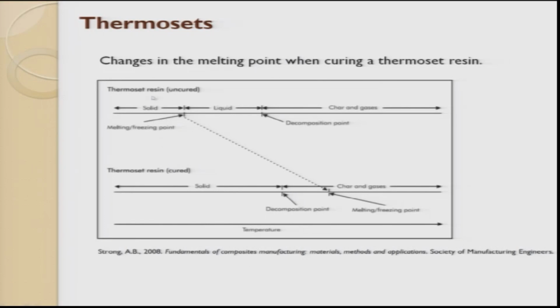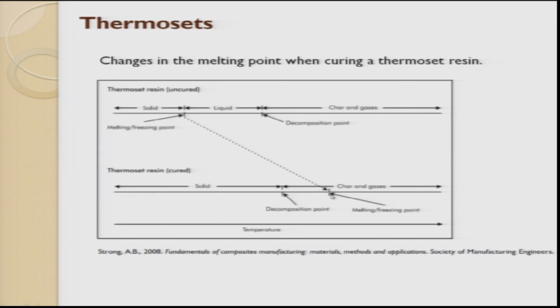For the uncured solid form, here is the point where you can see melt and freeze. Once the thermoset goes from uncured to cured, you see the shift of the melting and freezing point from here to here, to a higher temperature.